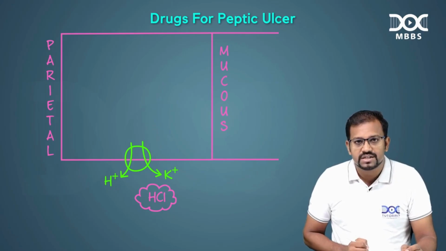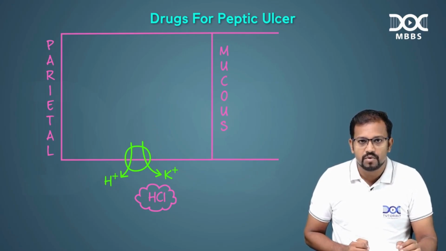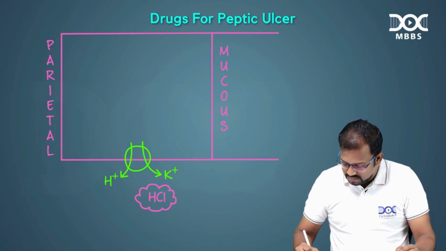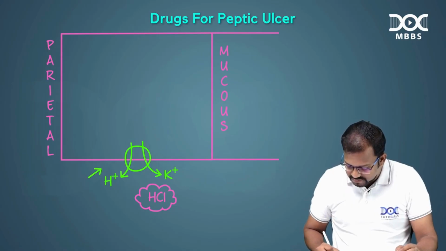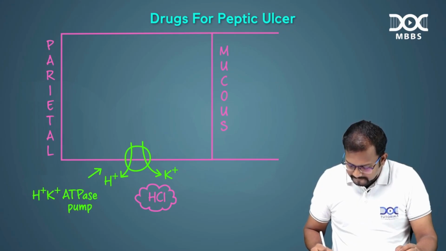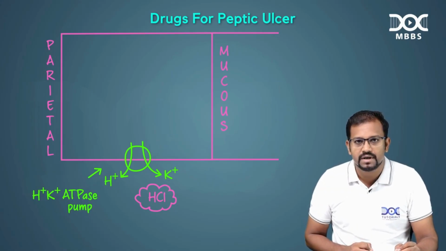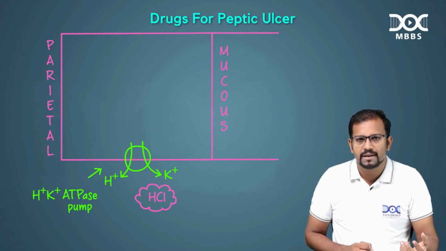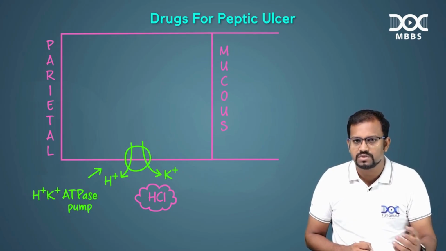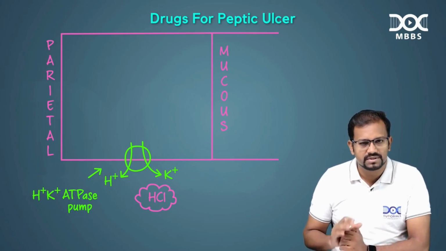As two positive charges are being let out, we need an energy molecule for this process to occur. That's why this pump is called the H plus K plus ATPase pump. As these involve only protons, positively charged molecules, these are also called proton pumps, simple.